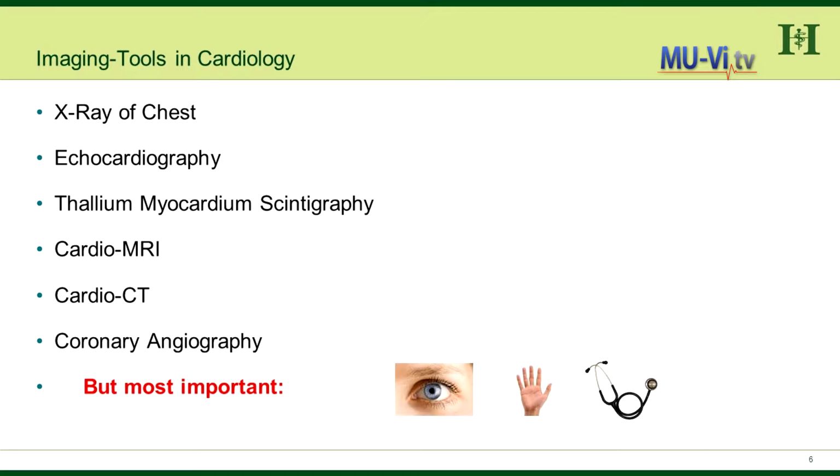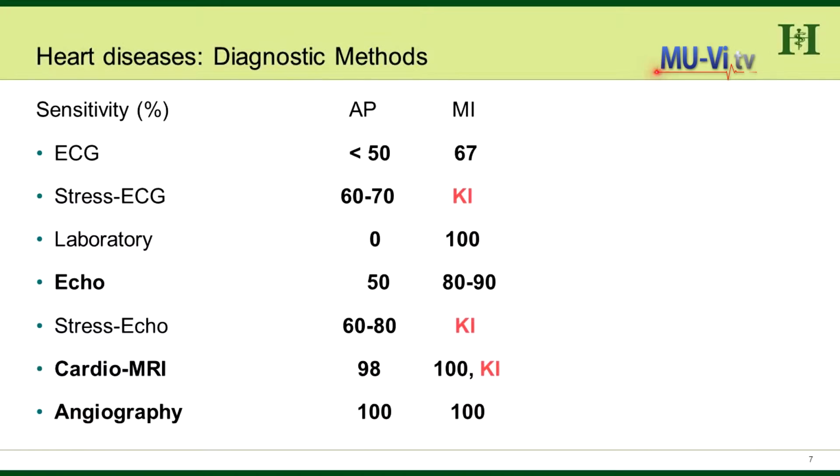But every examination has different sensitivities. A normal ECG in angina pectoris, angina, has a sensitivity of under 50%. So if a person has angina and goes to a doctor and he writes an ECG, it only has a sensitivity of less than 50%.